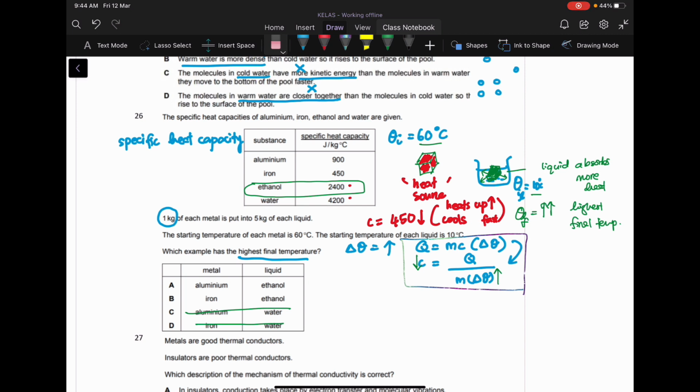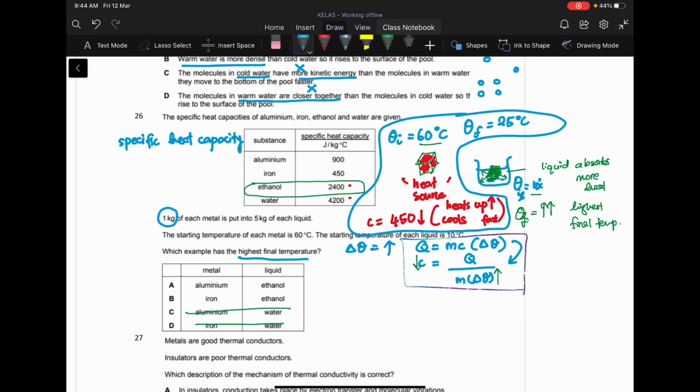So if it cools down fast, the final temperature will be very, very low. So let's say this is substance 1. The final temperature of the solid will be very low because it will cool very fast. Let's say you get 25 degrees Celsius.